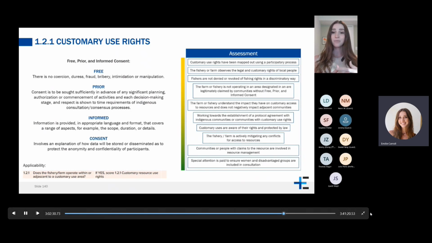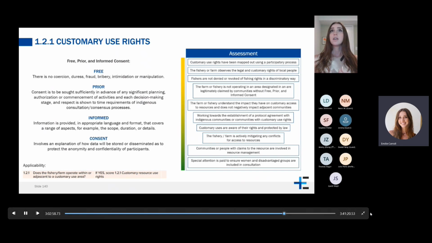So this is something that really needs to be protected in terms of the due effort that has been taken to actually make sure it's meaningful, how these customary users are informed. And then consent. So having them say, okay, I agree to this process. This is in line with how I want to interact with this resource. So just making sure that the consent is there and that you're not taking away the rights of customary users through your actions.